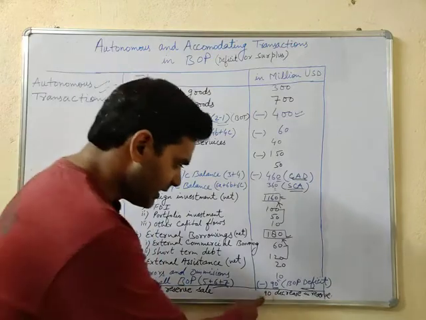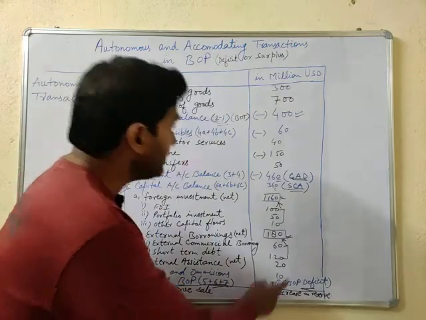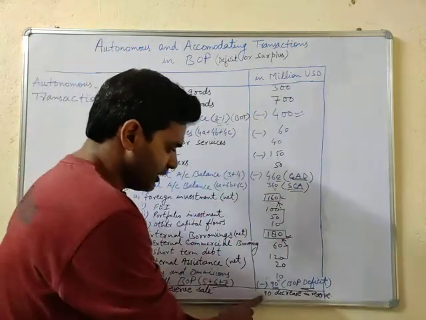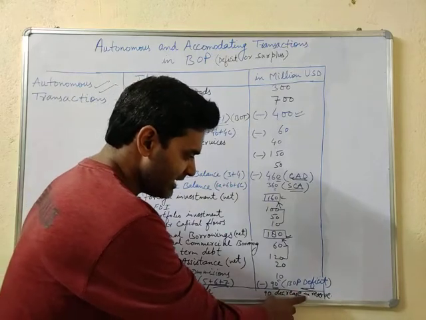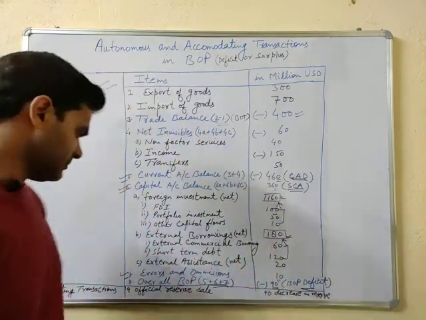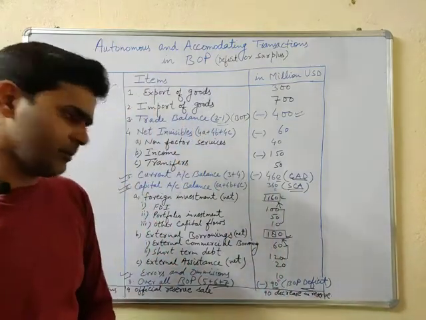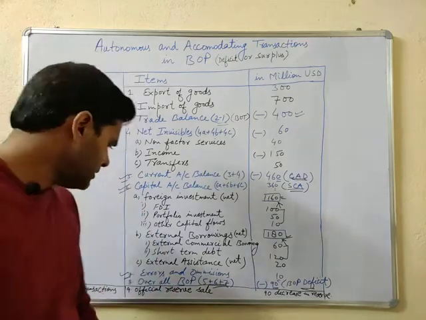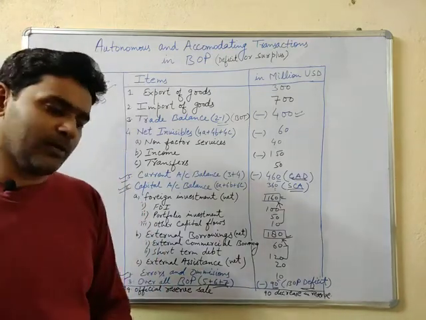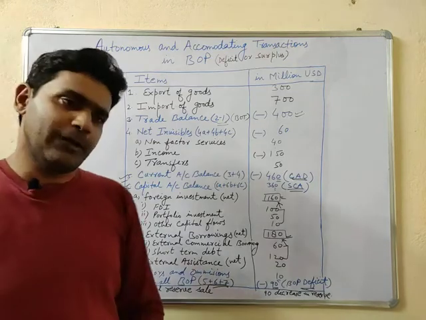So that is why I have written over here that 90 million US dollars will be the decrease in the reserve which is kept by the RBI, the Reserve Bank of India.